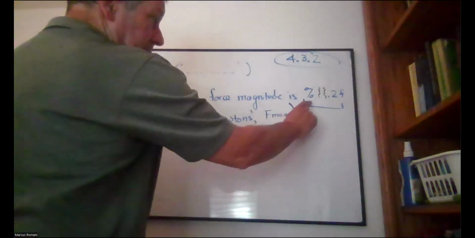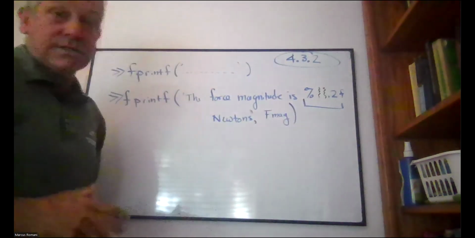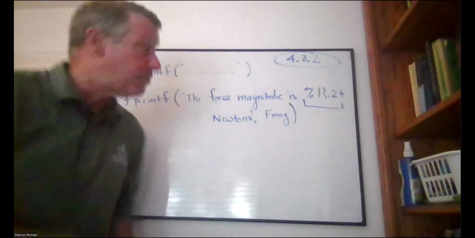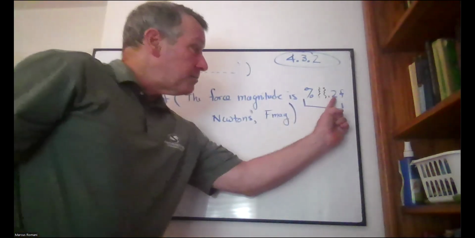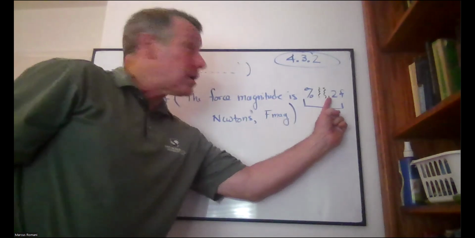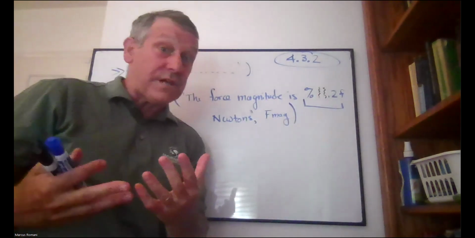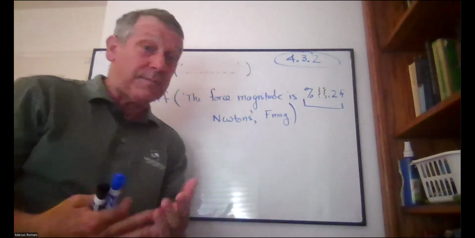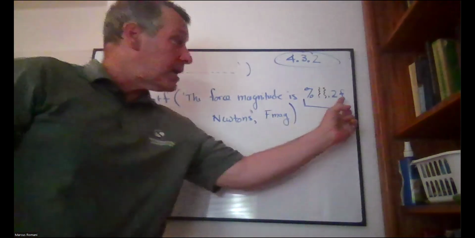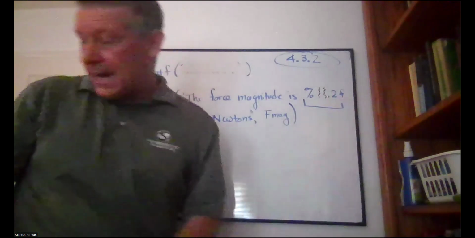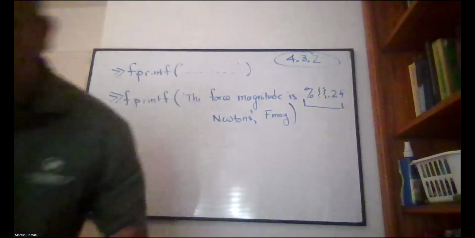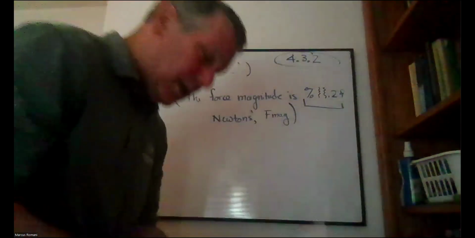So some things about it. Percent indicates that we're going to have a variable that's going to be output. There's going to be a dot here, and after the dot, that's going to be the precision. So 3 digits after the decimal point, 2 digits after the decimal point. This is going to be the formatting. On page 106 of the textbook, it has the different formatting options.